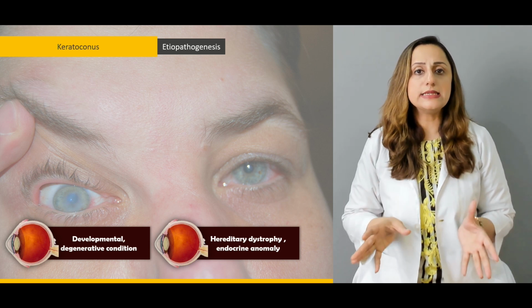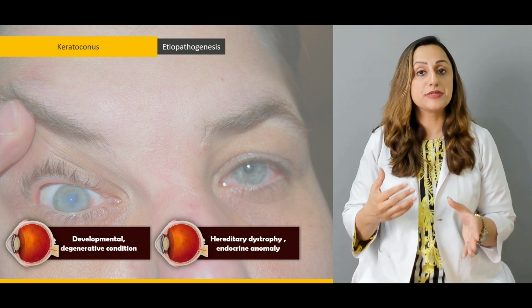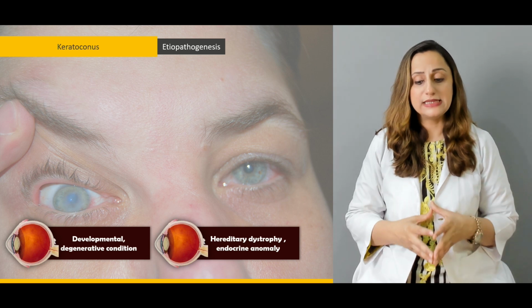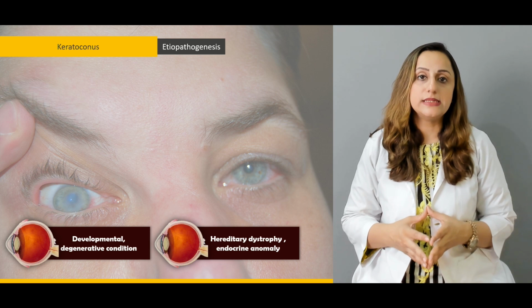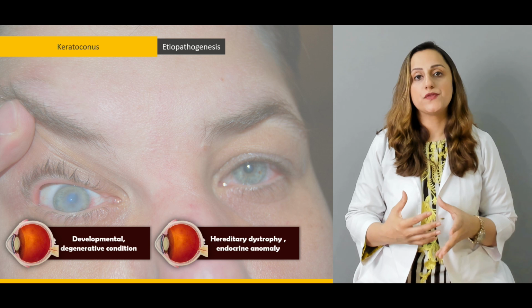So all of these incidents are basically interrelated, and they result in the development of a cone-shaped cornea in these individuals. On the other hand, we have endocrine anomalies as well, and they can even result in the development of keratoconus.